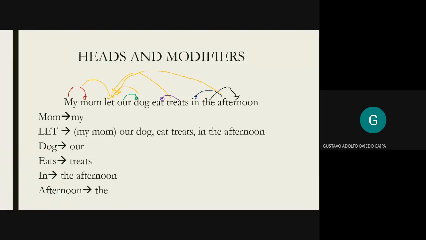Sentences have a structure that is made out of different individual elements, and those elements also have an internal structure in terms of heads and modifiers. So we can say that mom has my as a modifier, let has all of these other elements as modifiers, dog has this element as a modifier, eat has this element as a modifier, the afternoon is a modifier of in, and afternoon has as a modifier the.